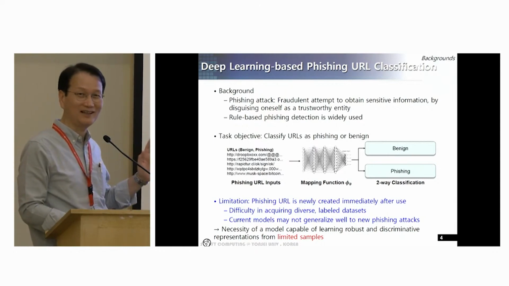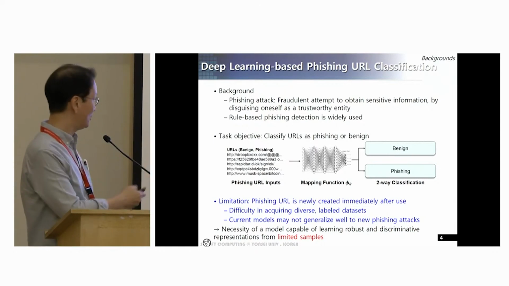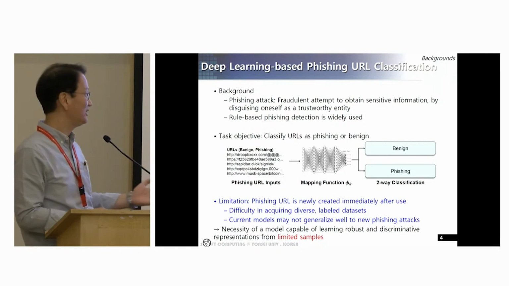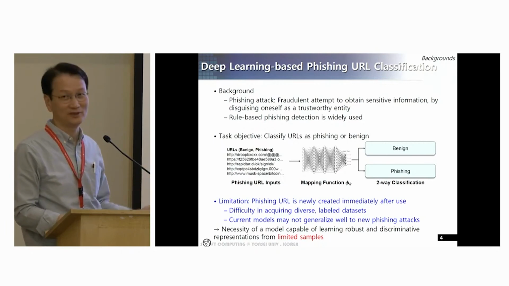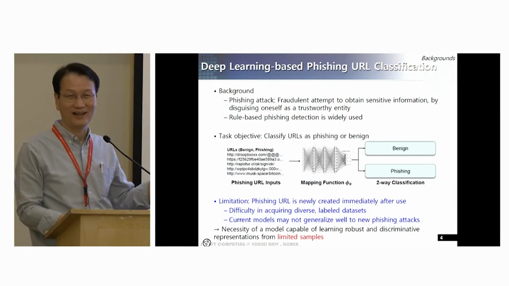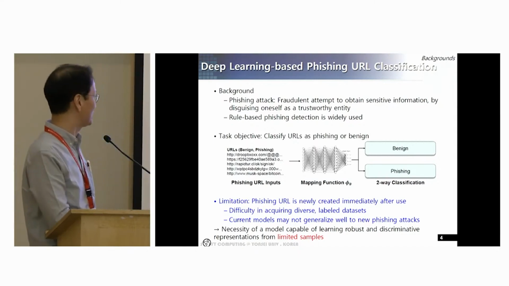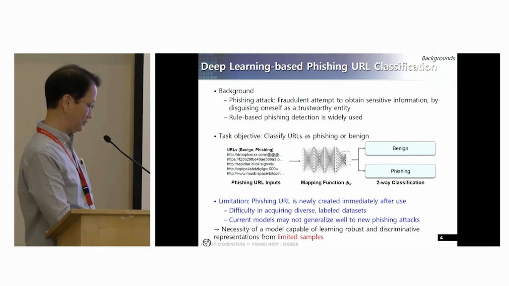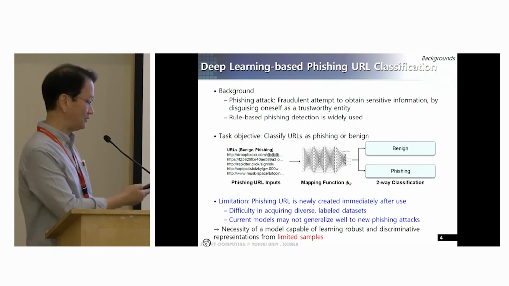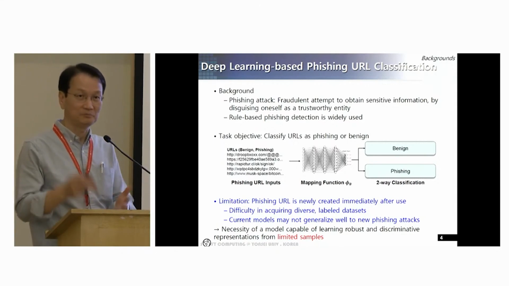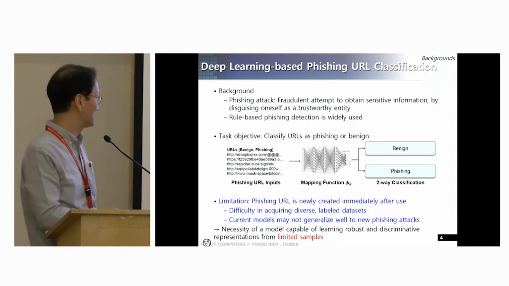However, it's not that simple, because phishing URLs are newly created every day and used immediately. You know, the hackers and bad guys are smart enough to change their strategies. So it is quite difficult to acquire a diverse and labeled data set to train deep learning or neural networks.